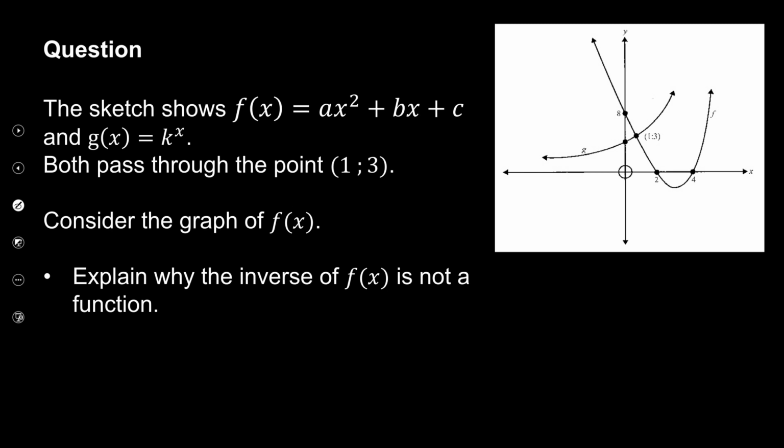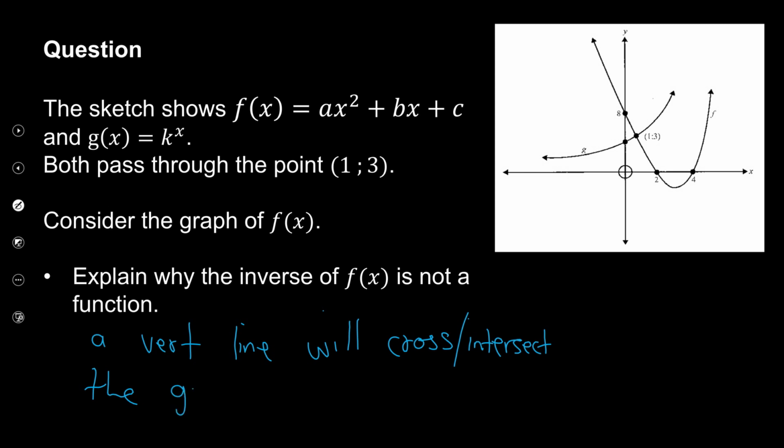Now explain why the inverse of f of x is not a function. Remember, the reason for this is the vertical line test: a vertical line will intersect the graph at 2 points as it moves from left to right.